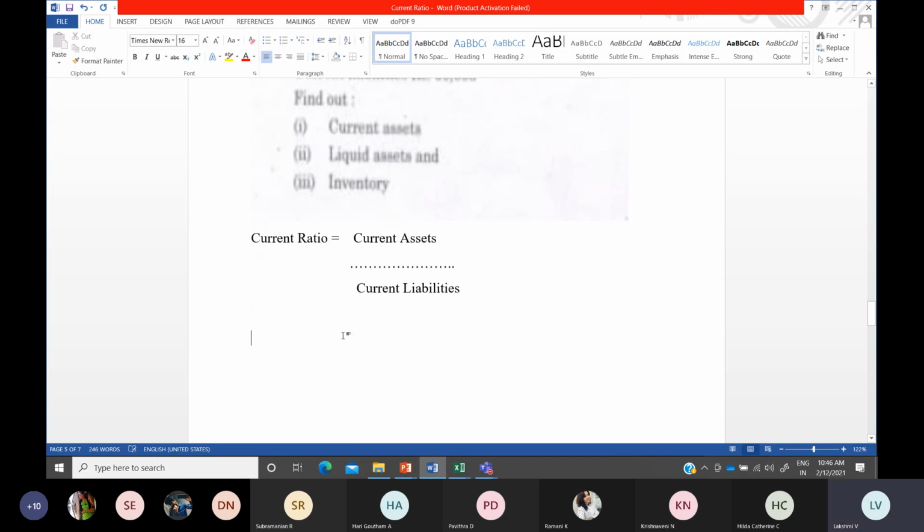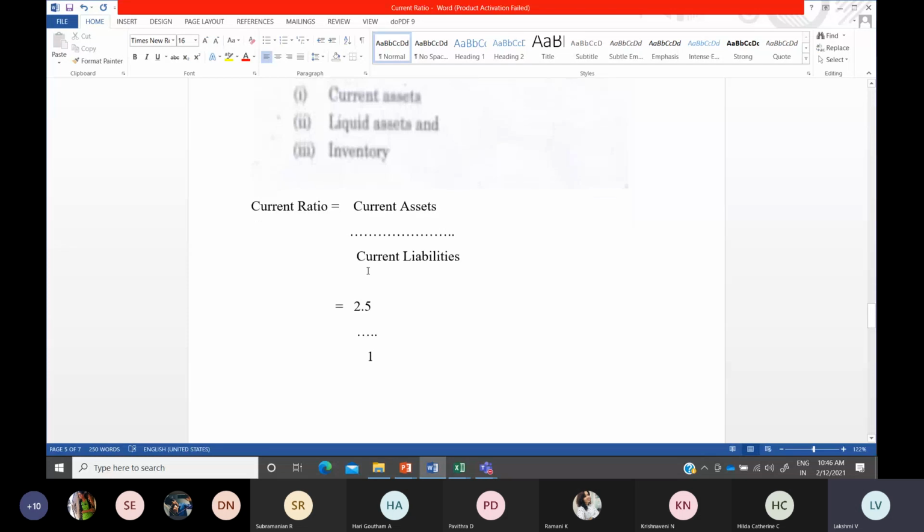So 2.5 is to 1 means 2.5 divided by 1. I can write it like 2.5 divided by 1, where current assets is 2.5 and current liabilities is 1.